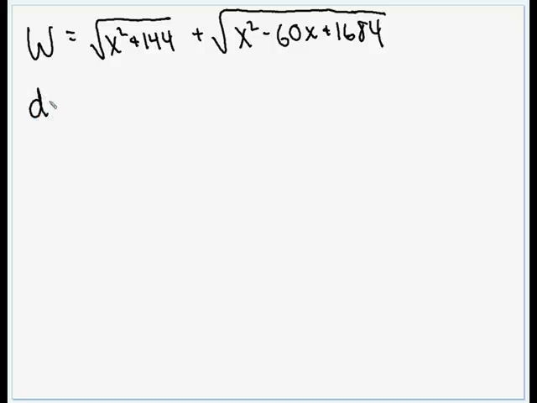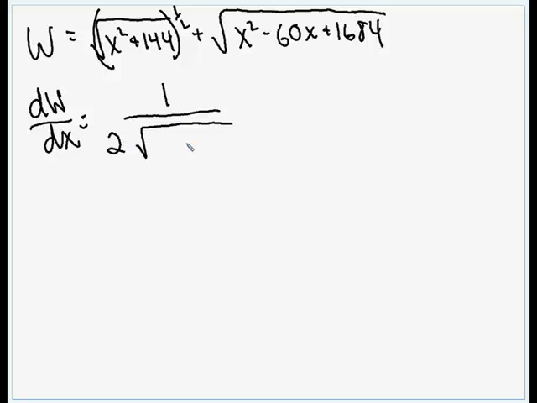Well, if we take dW/dx, this is, in other words, this quantity to the half power. So our derivative is going to be 1/2 that quantity to the negative 1/2 power, which would drop it to the denominator. So we're going to have our x squared plus 144 in the denominator. And the chain rule says we have to tack on a 2x, our inner function's derivative, plus our second square root here.